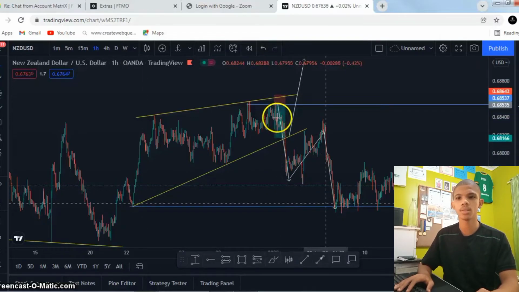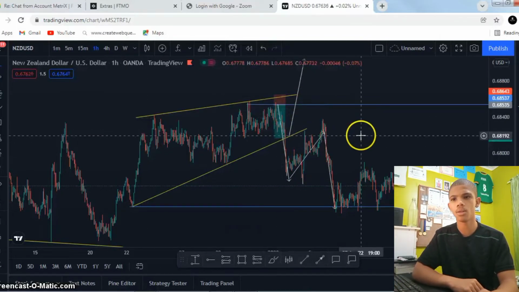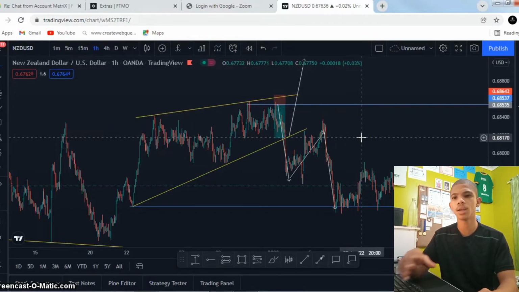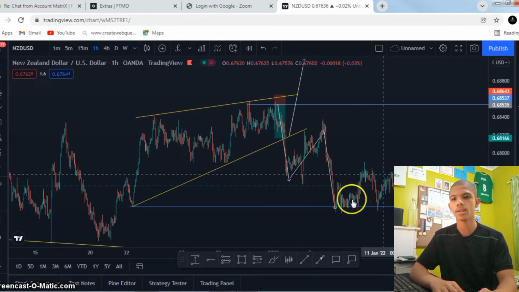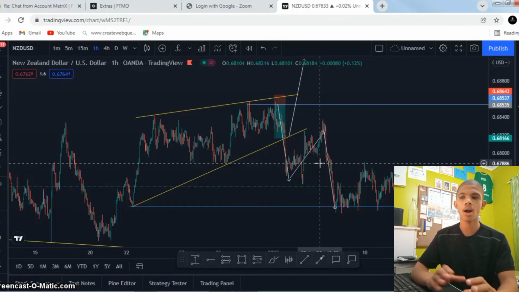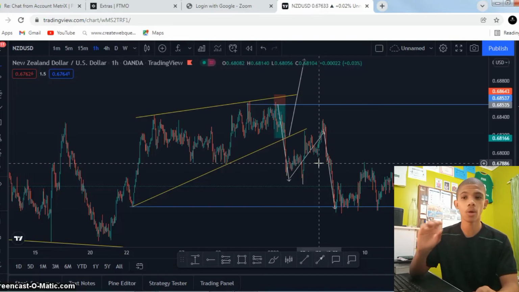Looking at this trade, I'm really happy with how the analysis went. I'm happy with the touch, the double top formation, and overall happy with the analysis. That's how I analyzed New Zealand USD. That's what I saw and what I thought when I got into the market.